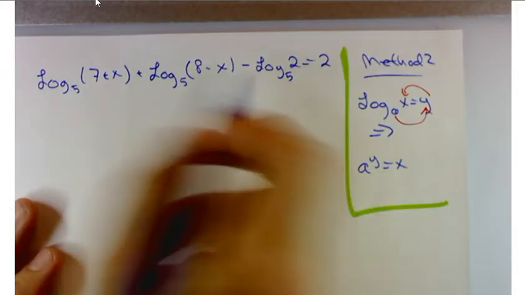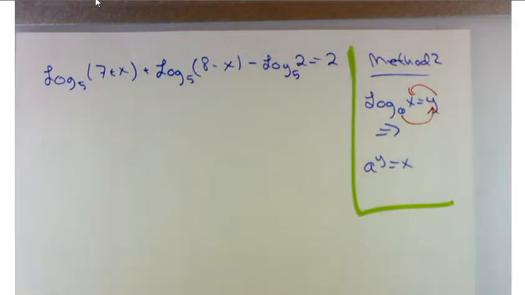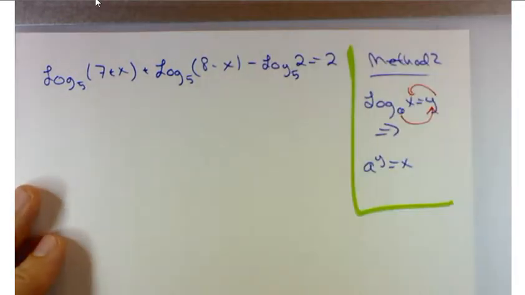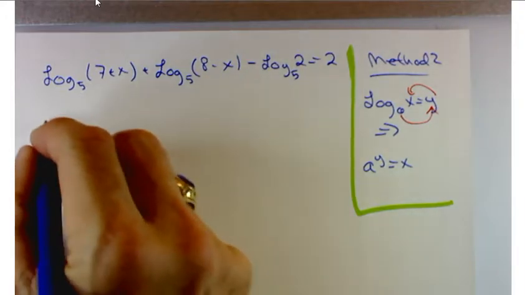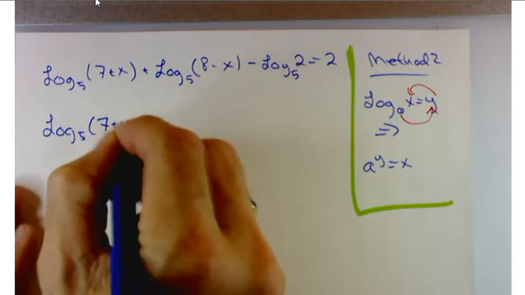So how can I write this with one logarithmic term? These are your properties of logs. Let's just start up here. With these two, what can I do? Tell you what, let me do it kind of the way we practiced a while ago.